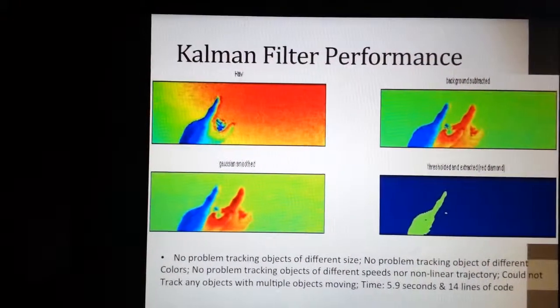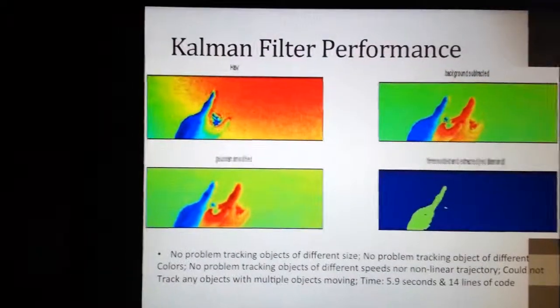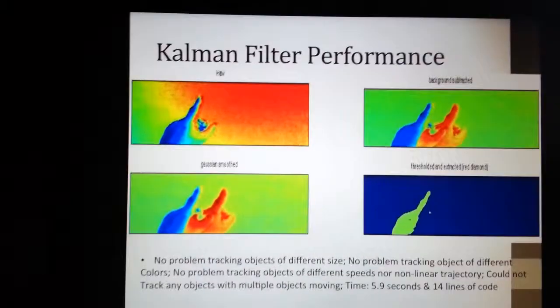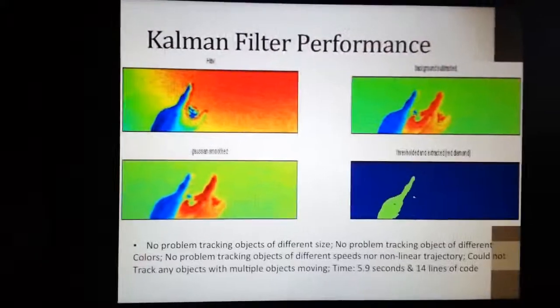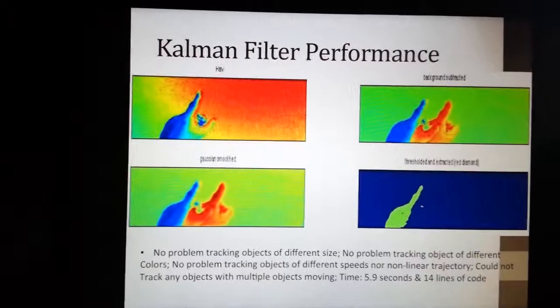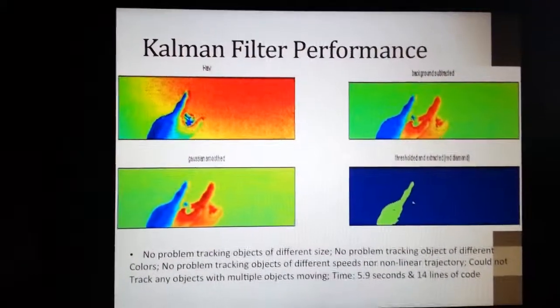The biggest problem is it could not track any objects with multiple objects moving because it couldn't decide which object to track, so it was basically jumping between the two. And the time ran is 5.9 seconds and 14 lines of code.